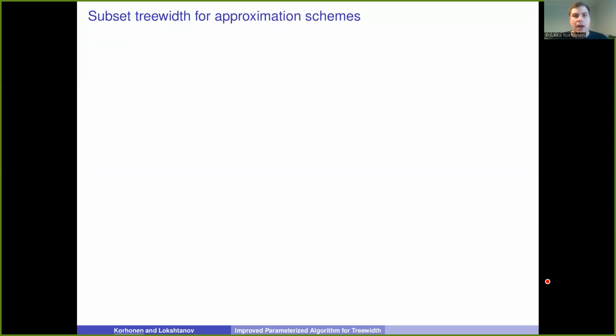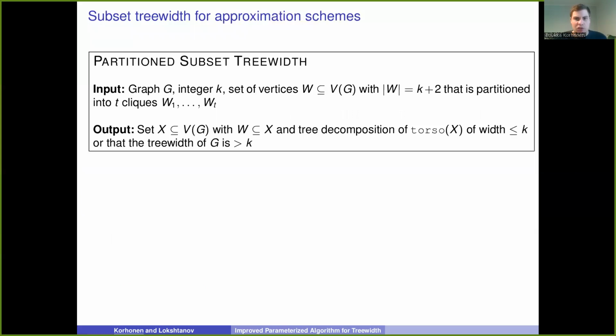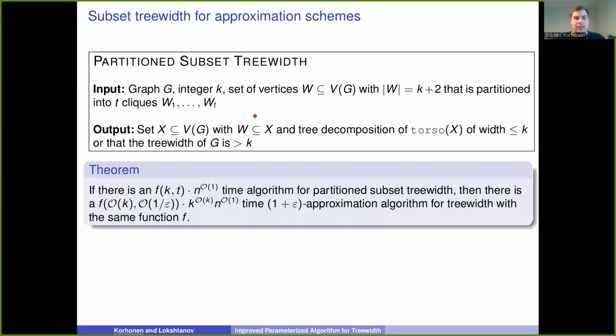The same, almost, holds for approximation schemes, but there we have partitioned subset Treewidth. So W is partitioned into t cliques W1 through Wt, and this is the only difference. Then we show that an algorithm for partitioned subset Treewidth, where 1 over epsilon goes to the number of cliques t, gives a 1 plus epsilon approximation for Treewidth for the same function.